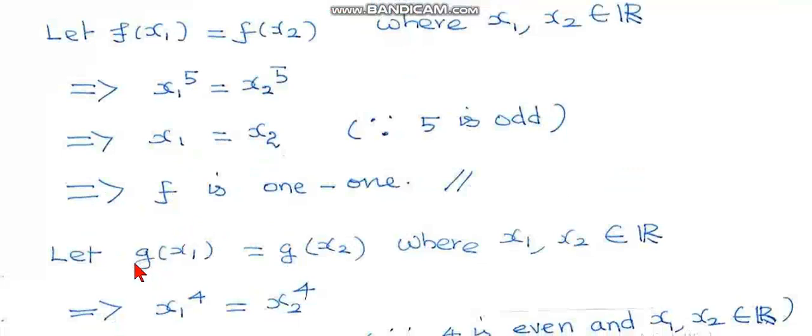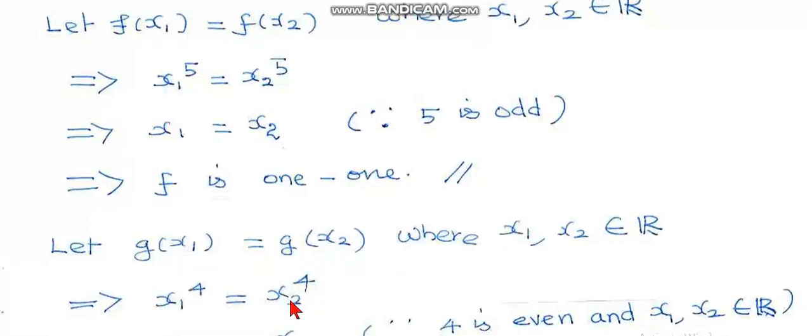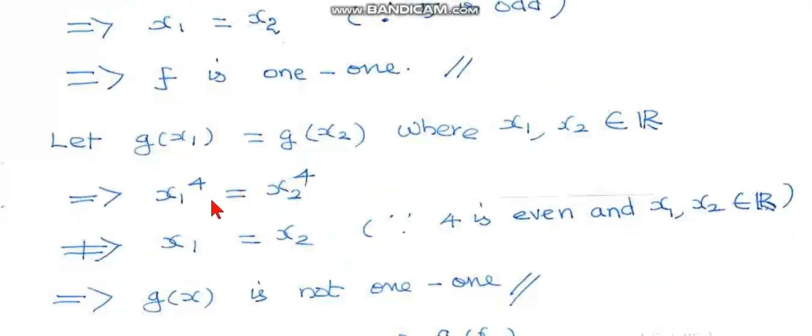Now let us assume g of x1 equal to g of x2, where x1 and x2 are real numbers. That gives us x1 to the power of 4 equal to x2 to the power of 4. Here 4 is an even number. So we cannot say x1 equal to x2 unless we know x1 and x2 are positive numbers. Here x1 and x2 are elements of the set of real numbers, so they may be positive or negative.